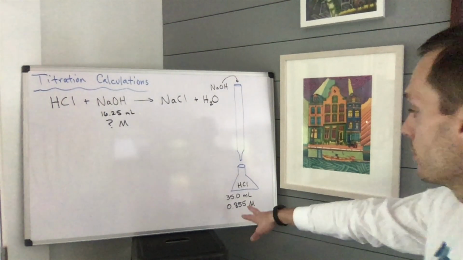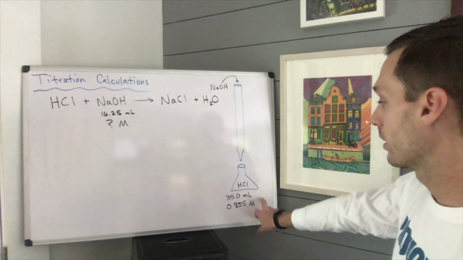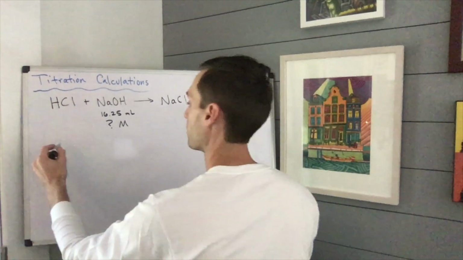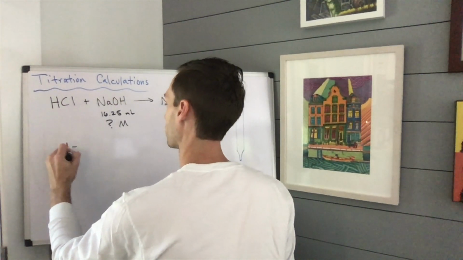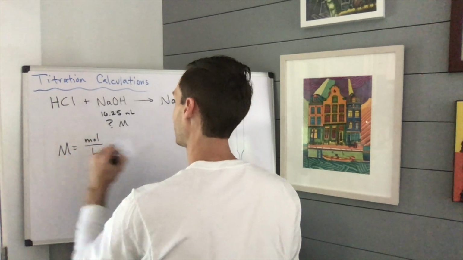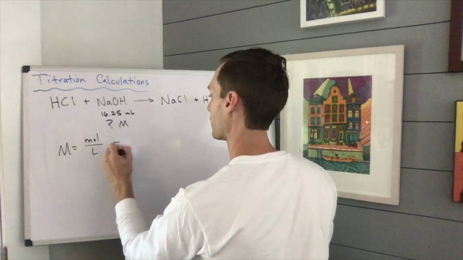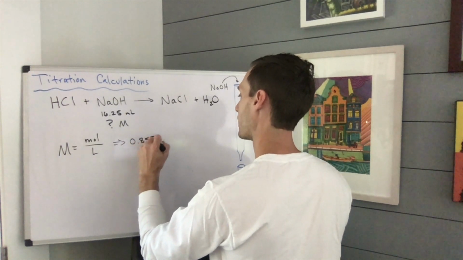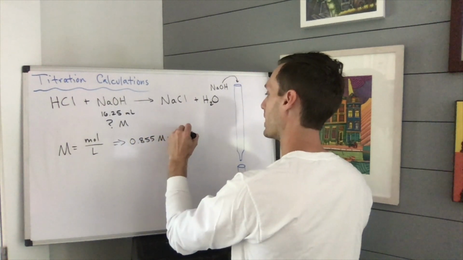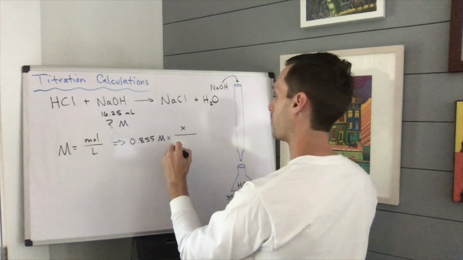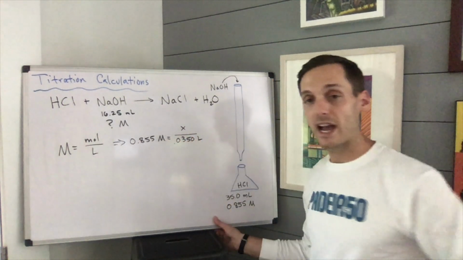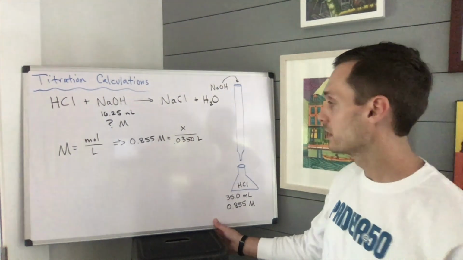So we're going to start with our known amounts for the acid, and we're going to use our molarity equation, which is just moles over liters. So we have 0.855 molar equals X moles over 0.0350 liters, because we have to use liters, we cannot use milliliters.